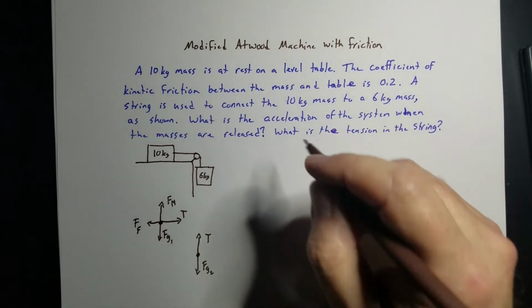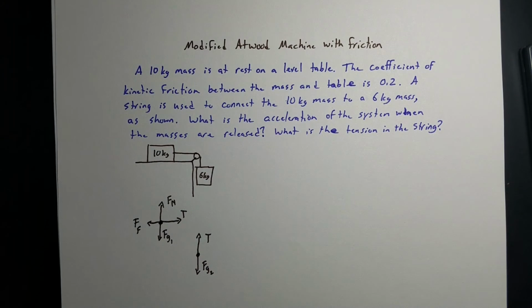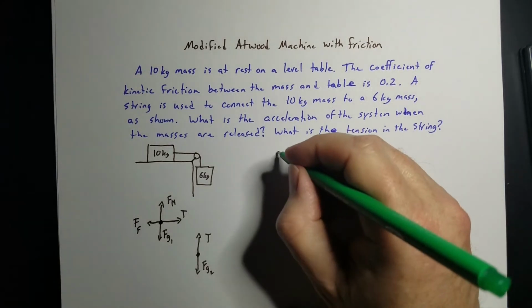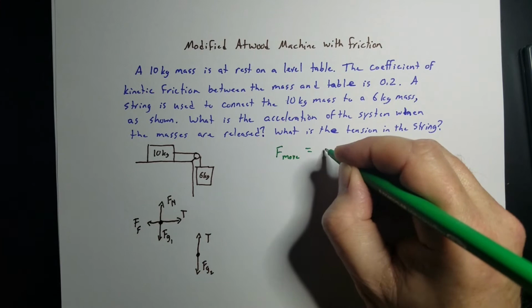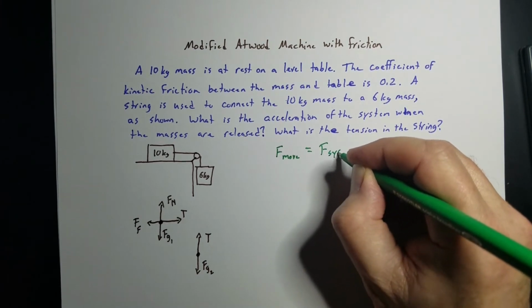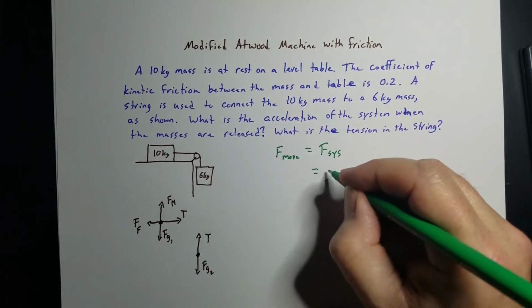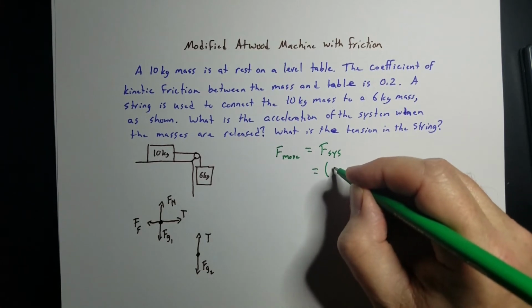So I want to start off with the same type setup, the same saying that I was using before. Forces that's affecting the motion is equal to the forces on the system. Okay, the system is both these masses put together.